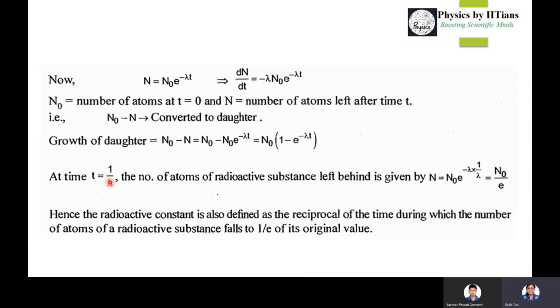At t equals 1 by lambda, the number of atoms n is n0 divided by e. So the radioactive constant is also defined as the reciprocal of the time during which the number of atoms of a radioactive substance falls to 1 by e of its original value.